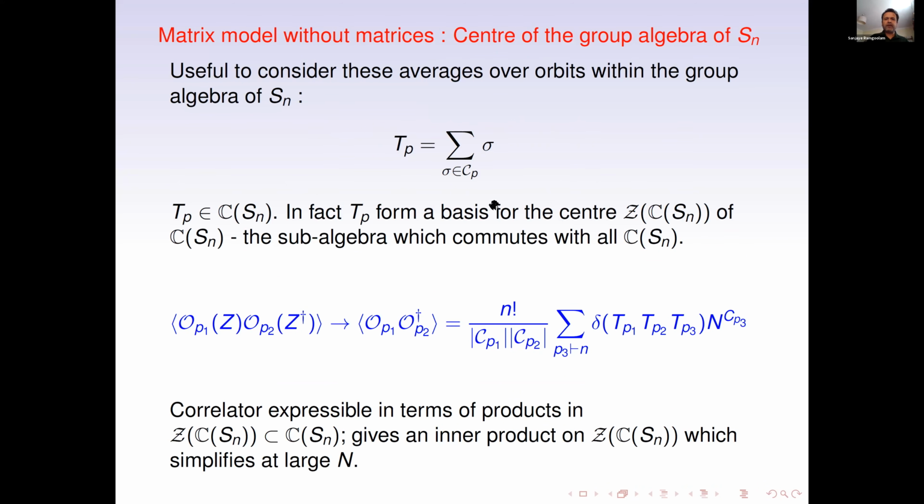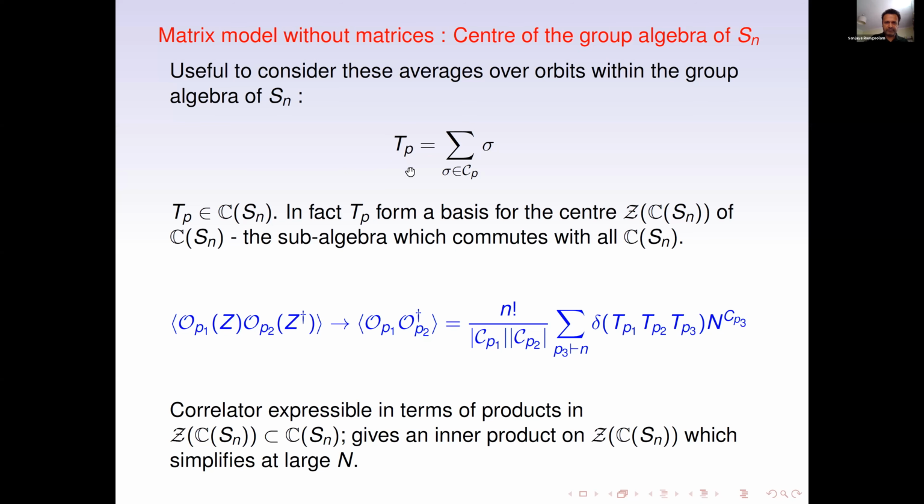So it was found useful to sum over the permutations in a given conjugacy class when we were building these observables. But this is also something you can do purely within the group algebra. So these sums exist in the group algebra, and in fact, they form a basis for the center of the group algebra of the symmetric group.